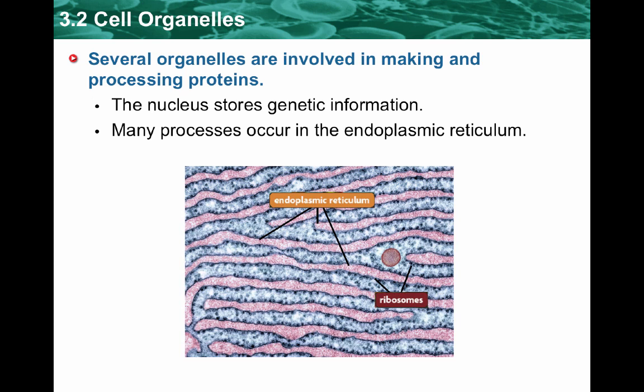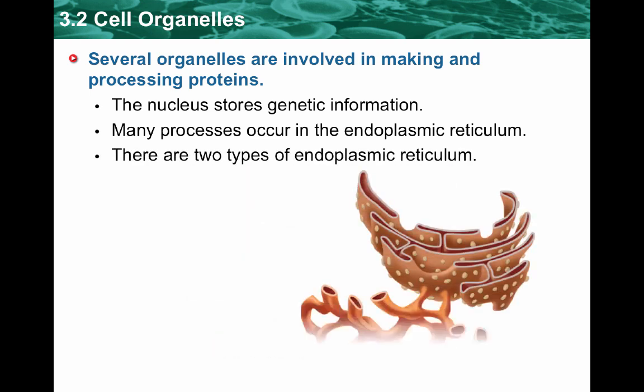Now the ER is otherwise known as the endoplasmic reticulum. So right outside of the nucleus is this membranous structure called the ER. And when we look at that, there's actually two types of endoplasmic reticulum. And if you look at that picture there, that picture is showing us the two kinds.